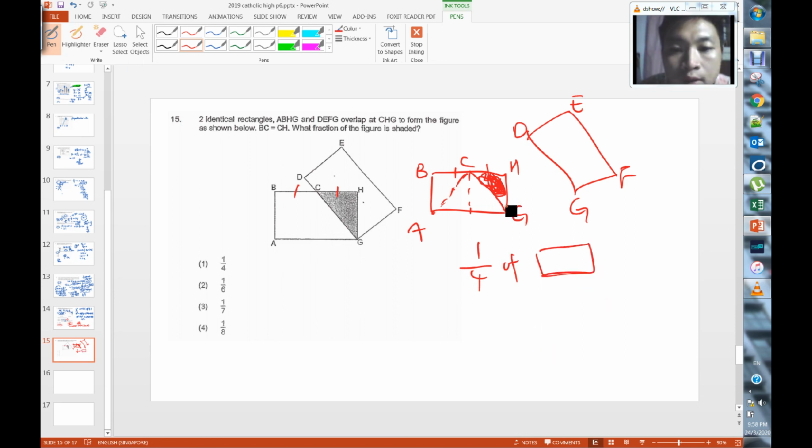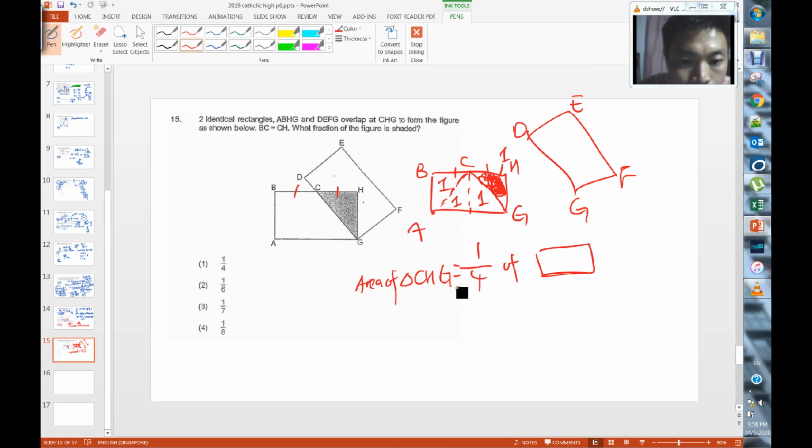You can count: this is 1, another 1, another 1, another 1. So the area of triangle CHG is 1/4 of the rectangle.